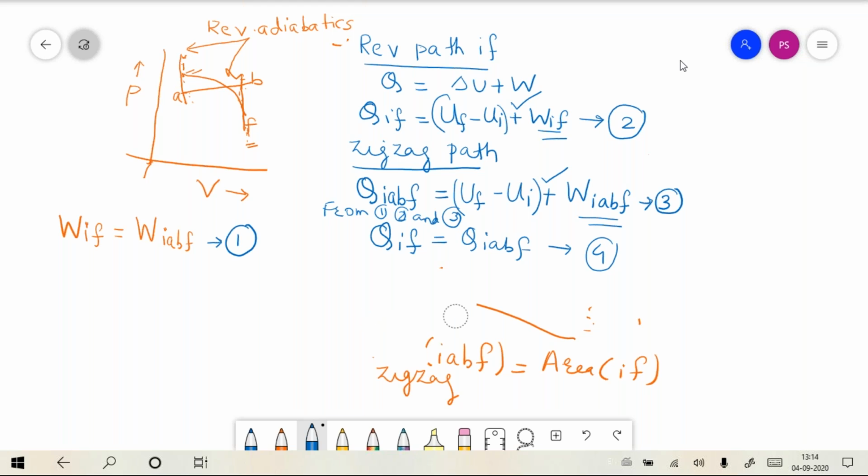Now please reflect upon equations 1 and 4. What do you find?